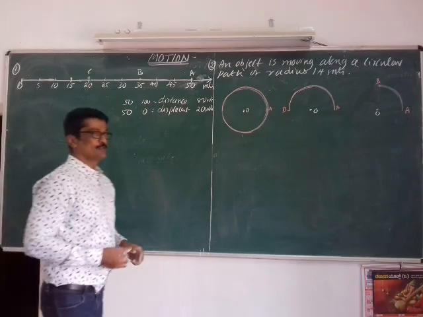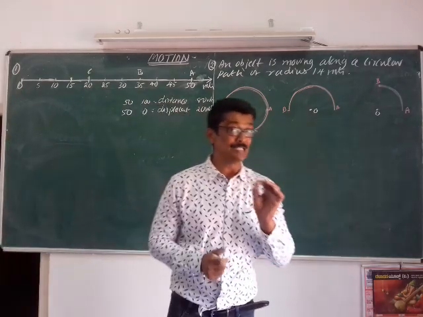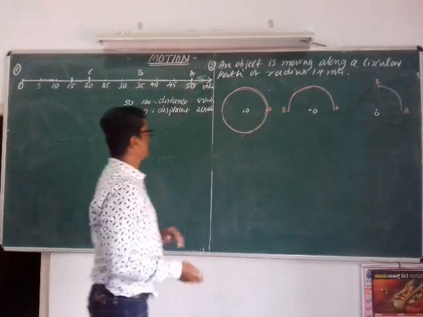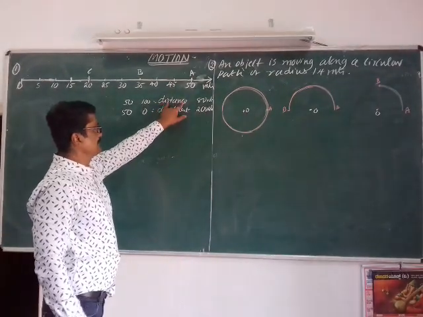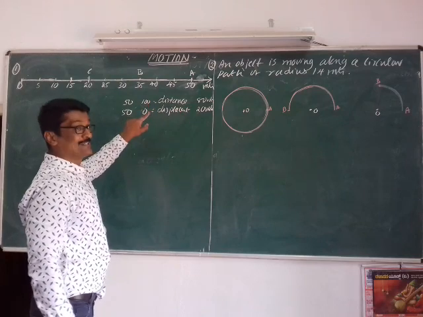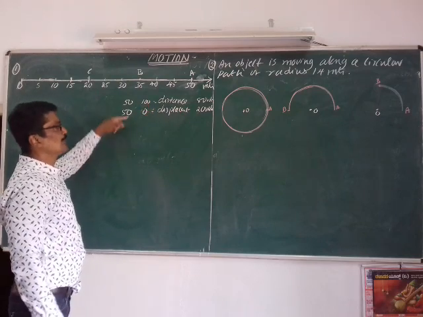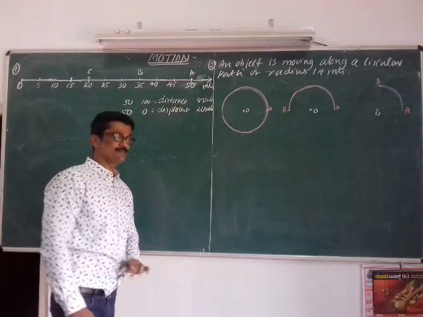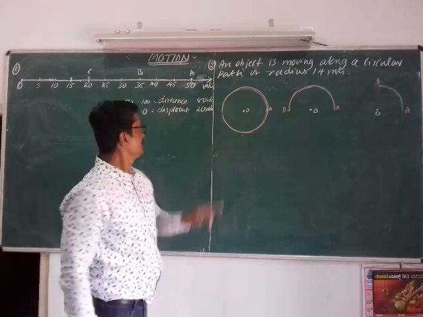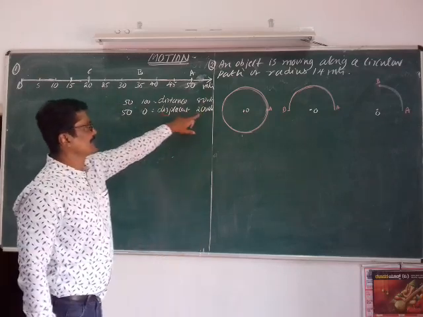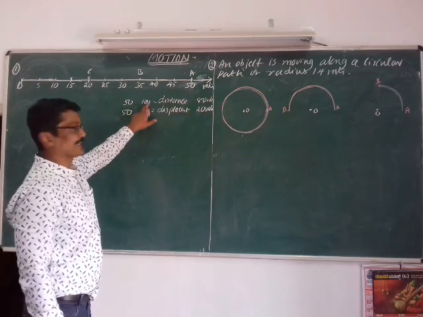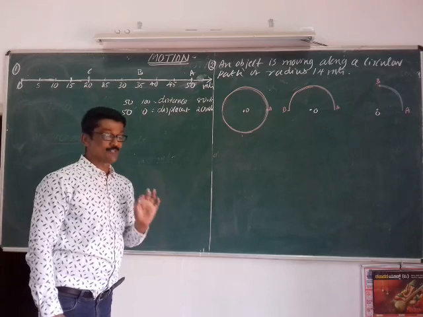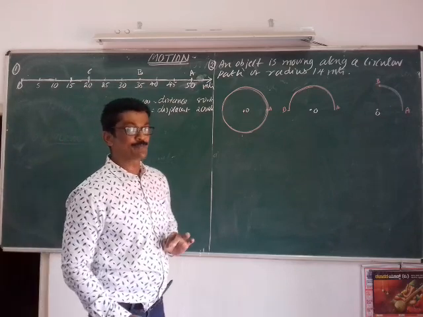So, you can write one more difference between distance travelled and displacement. Distance travelled is always greater than or equal to displacement. Remember this, children. When does the numerical value become equal to displacement?